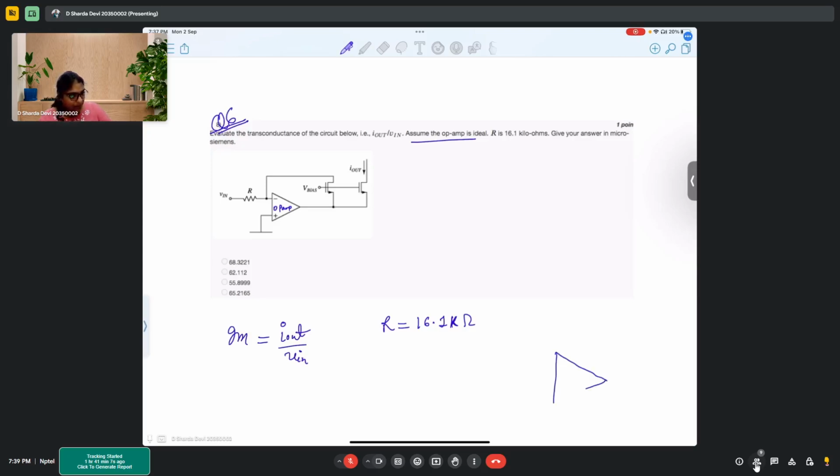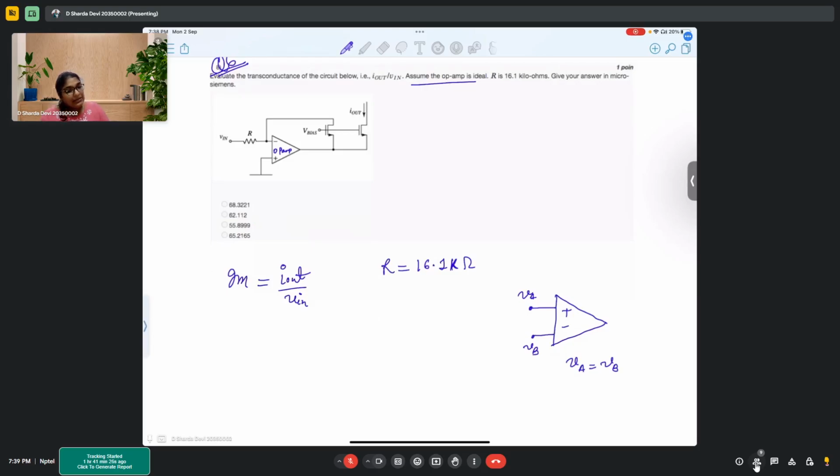When we say our op-amp is ideal, that means we consider VA equal to VB. This is the first assumption.